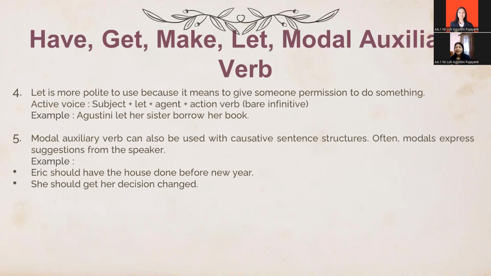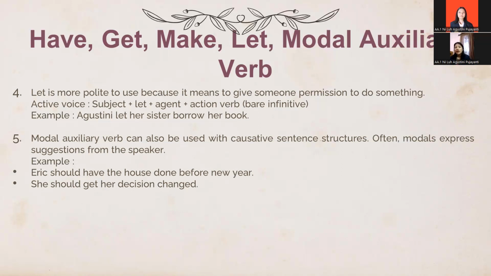Next, let. Let is more polite to use because it means to give someone permission to do something. Let is a causative verb which often occurs in usage, and it is usually used when we give permission to someone or let someone do something.